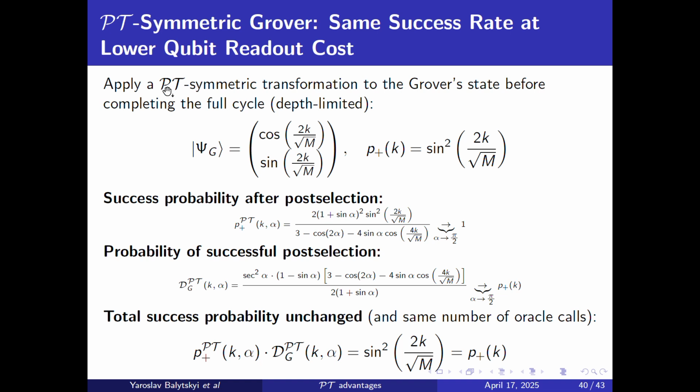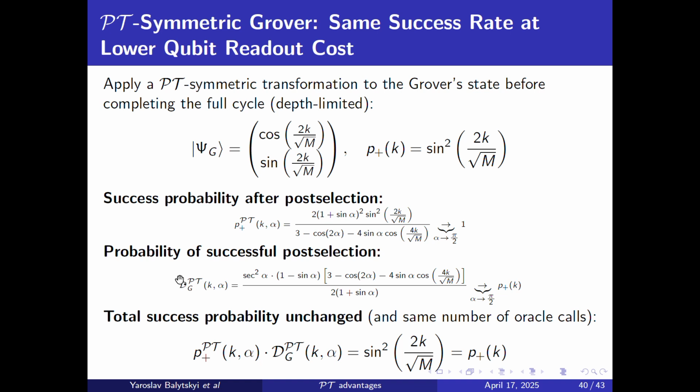If you apply the PT-symmetric transformation to the Grover state before completing the full cycle, then the probability of success is this one, right? If you apply the PT-symmetric transformation at this point, and your post-selection is successful, in the alpha limit to pi over 2, then the success probability goes to 1.